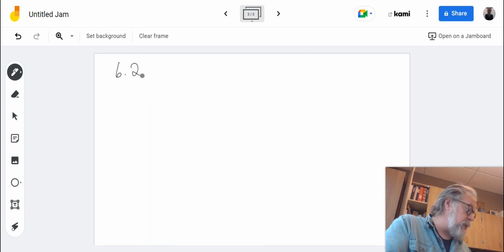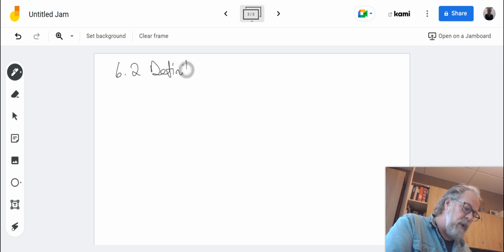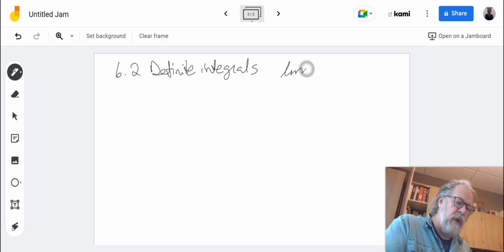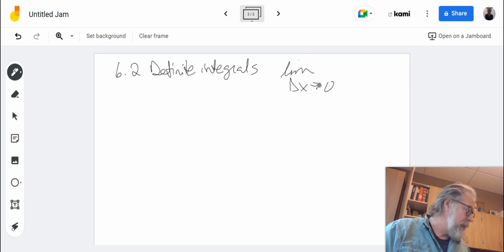In Section 6.2, we started talking about the idea of an integral, and an integral is basically just that Riemann sum, but we use slightly different notation, and it is the limit as the width of that rectangle goes to 0.